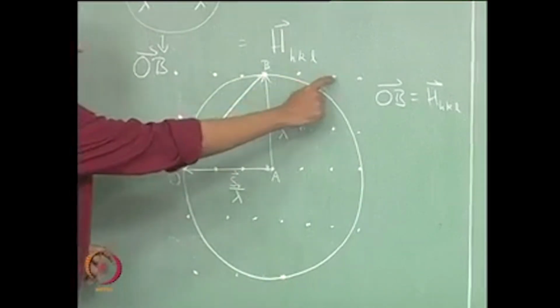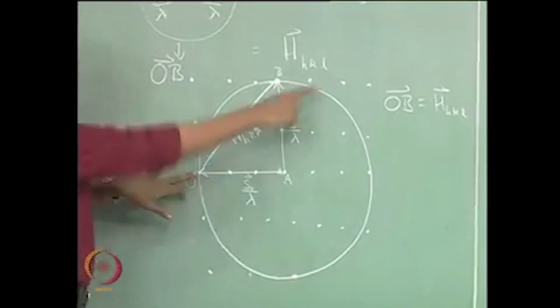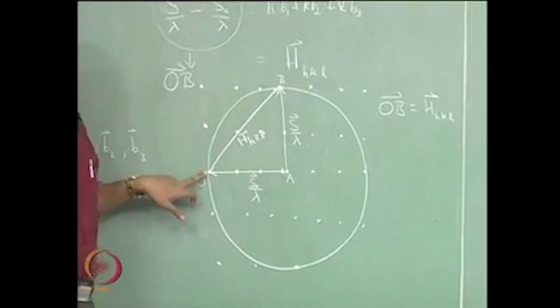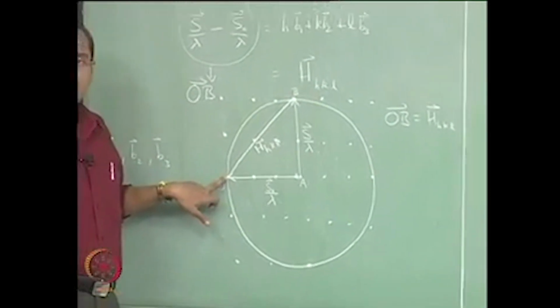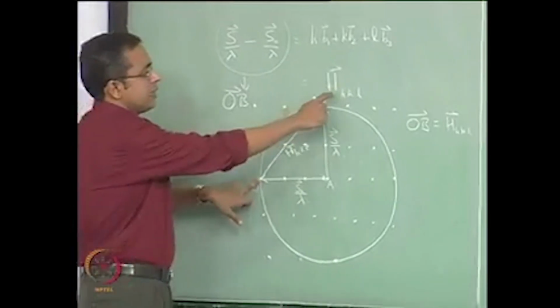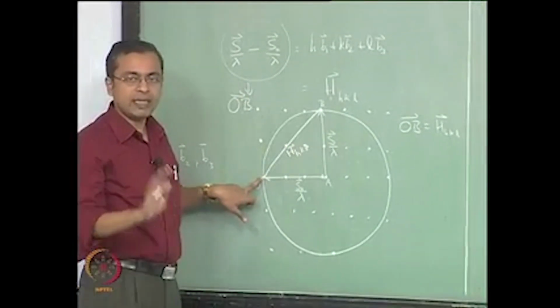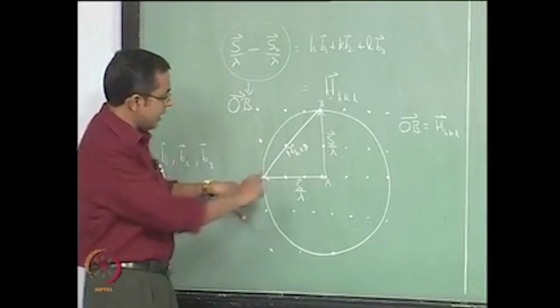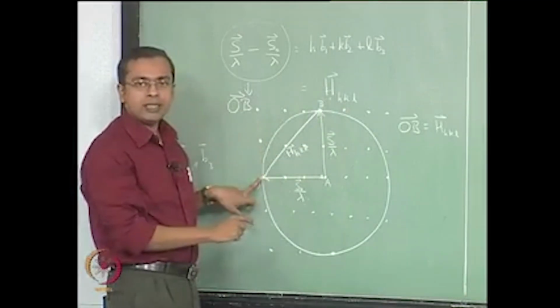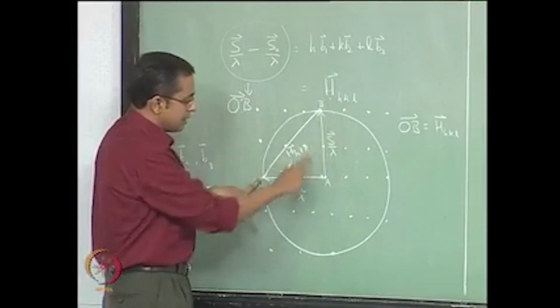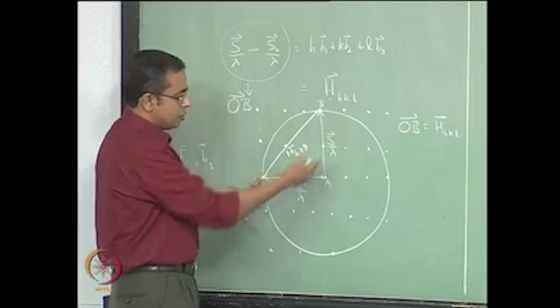Any valid reciprocal lattice point, if you connect the origin to it, gives you a valid reciprocal lattice vector which is designated by H, K, L. Anytime the circle also touches that point, the circle is being defined by the difference between these two vectors.